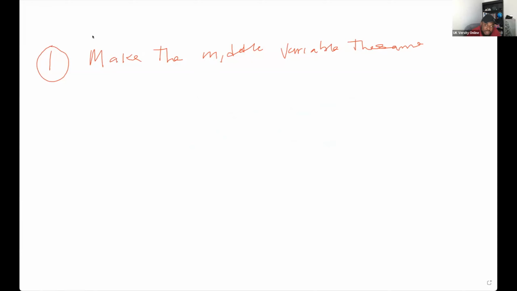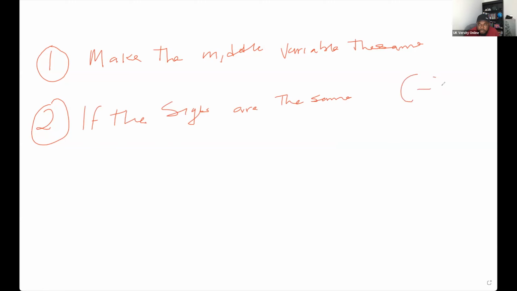The next one that you have to do: if the signs are the same, you have to subtract. An example is this: if you have 4x plus 3y equals 12, and 5x plus 3y equals 20, you see the signs are the same.